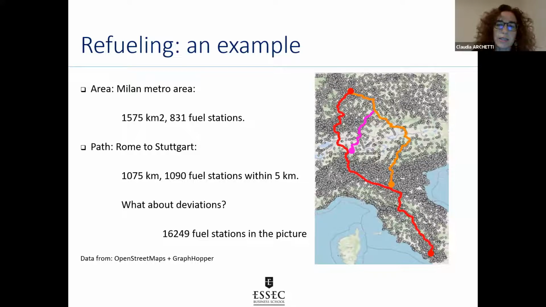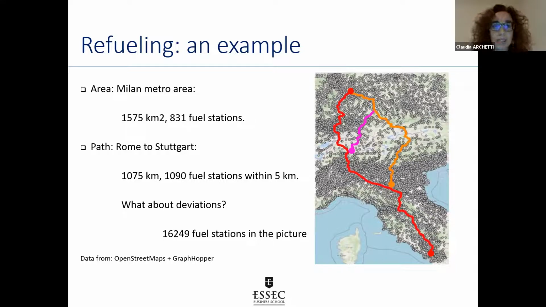So we considered an area, a circle of 500 kilometers radius along each of these paths, and then we counted all the possible refueling stations where we could stop, in order to have an idea of the alternative solutions that we have in order to determine what is the best path. By considering just the 5 kilometers area around this path, we found more than 1,000 refueling stations.